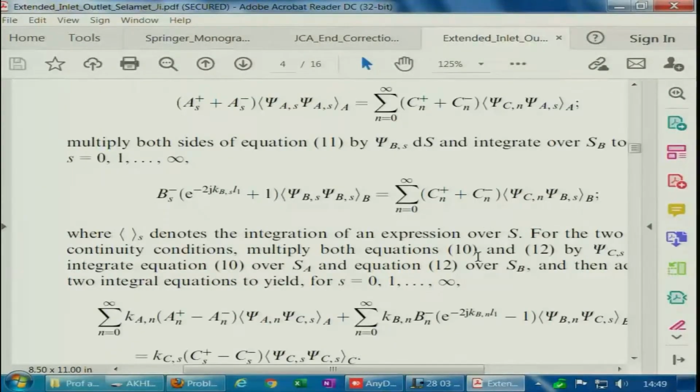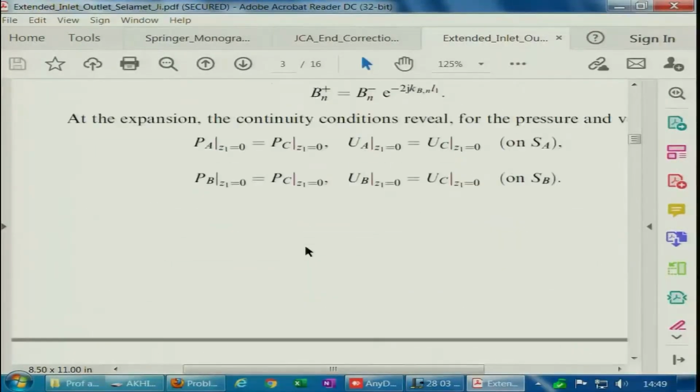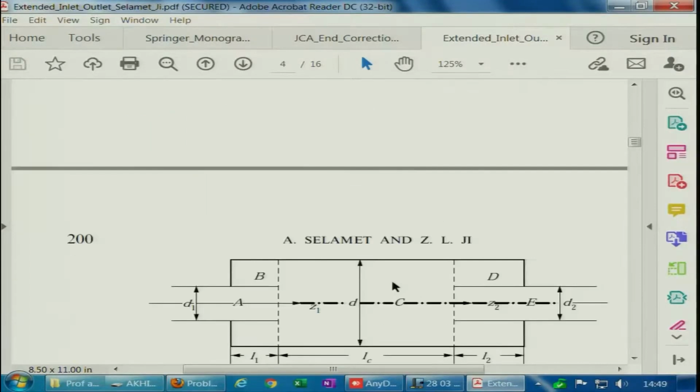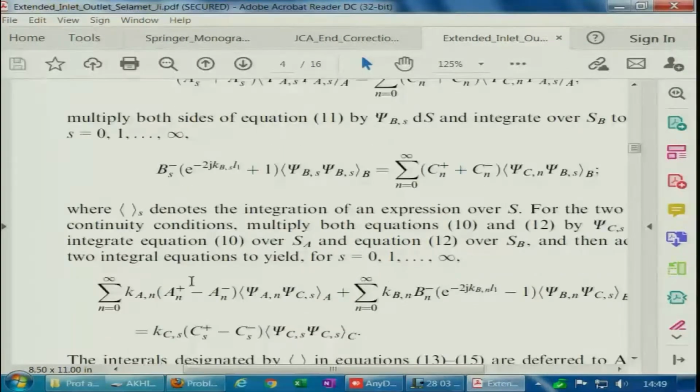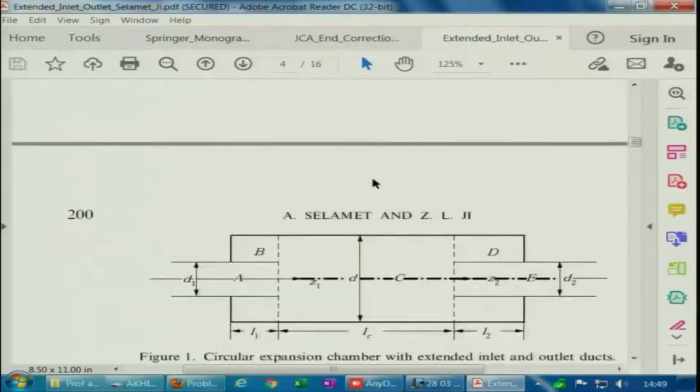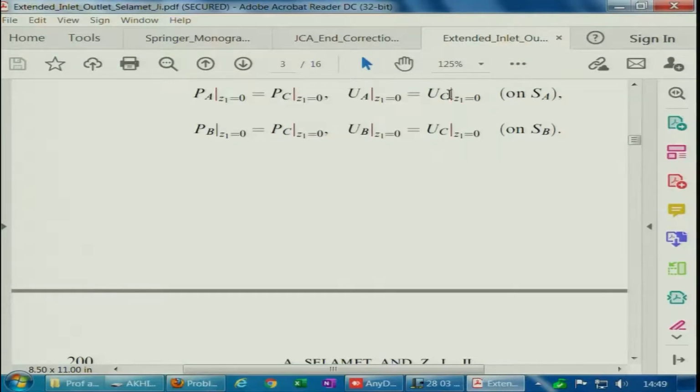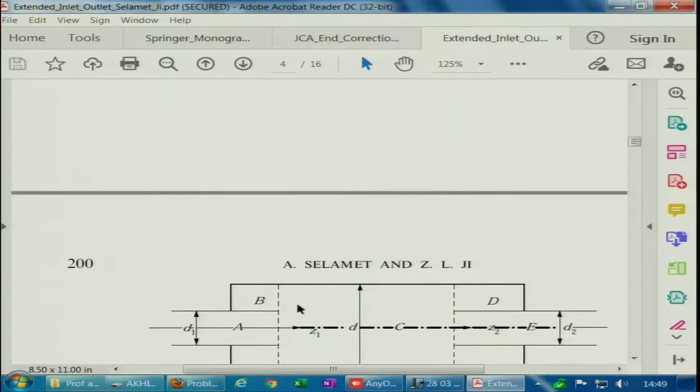Now the other set of conditions is the velocity condition, this one and this one. The other trick is to multiply this equation with the modal function for the chamber C and integrate it over the port area.